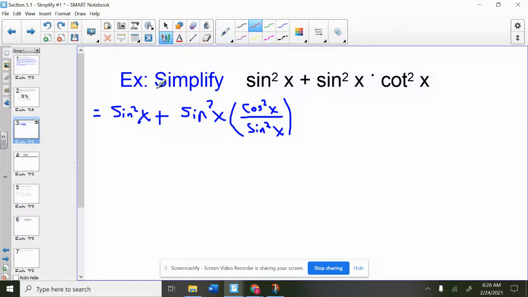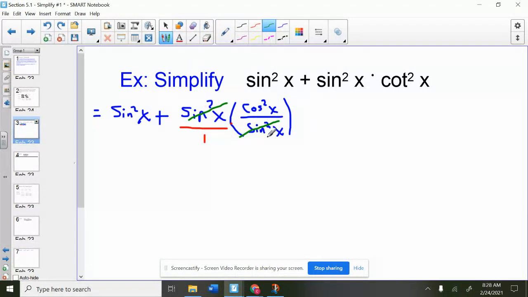Now we do what it says. It says to simplify. Now one thing, this is technically over 1. This is being multiplied. We're going to do a lot of fractional stuff, so you need to really brush up on multiplying, dividing, adding, subtracting. Now this is being multiplied, so I don't need a common denominator. If it was adding, I would. But notice you have a sine squared up top and you have a sine squared on the bottom. That means these cancel out completely.